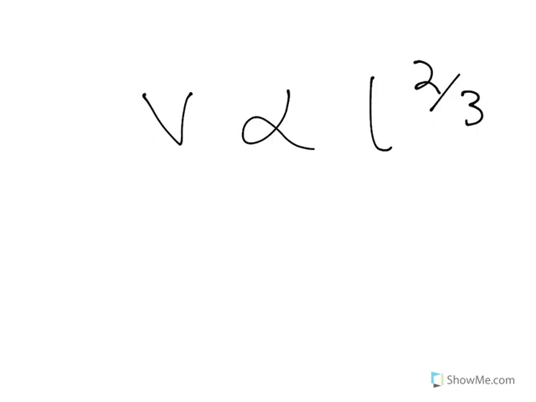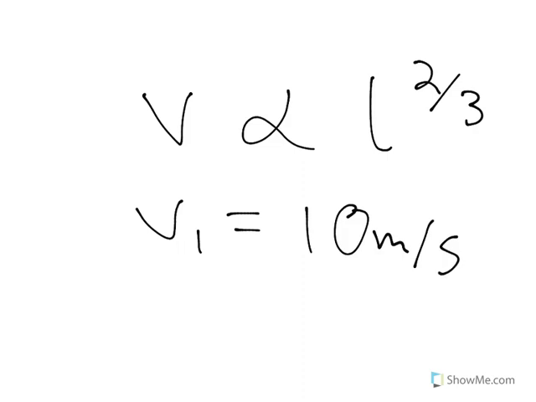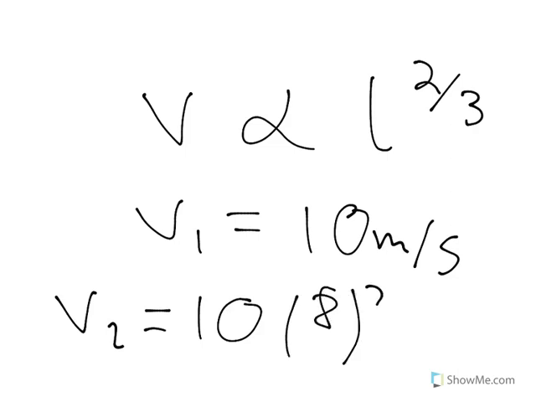Absolutely no idea why, but what we're told is that it has a velocity initially of 10 meters per second, and then if we're told that its length increases by a factor of 8, so the new length is 8 times the old length, then we know that v2 is equal to its initial velocity multiplied by 8 to the power of 2/3, which actually is just 4. So we know the new velocity is 4 meters per second.